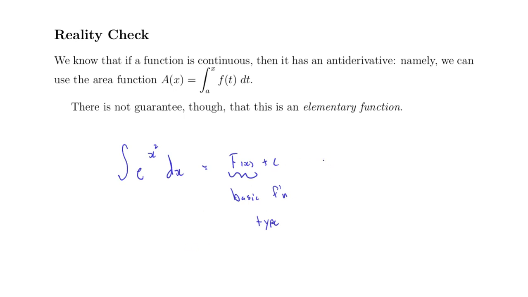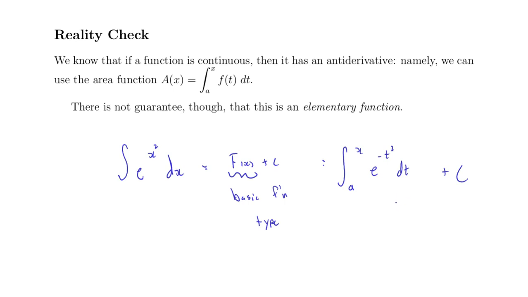If you wanted, we could write it down by saying, okay, it's the area function, plus some constant of integration. But that's not actually that helpful. We might want an actual explicit elementary function type to do this.